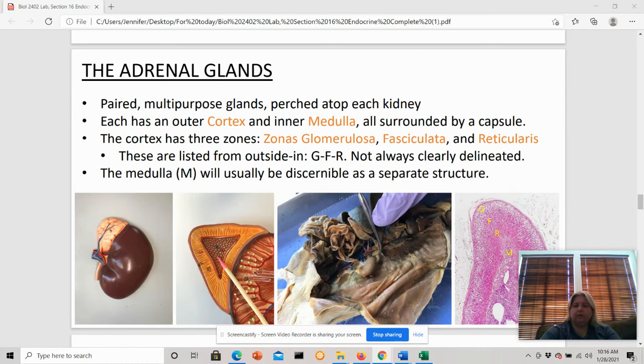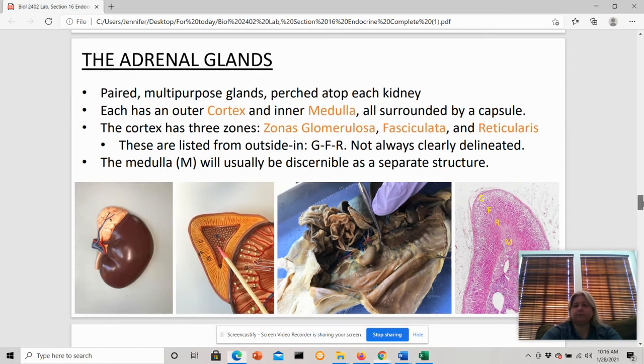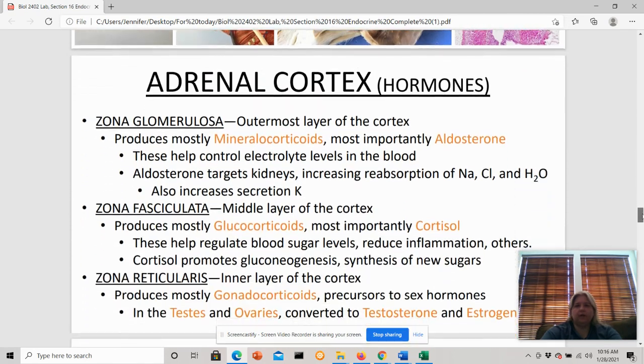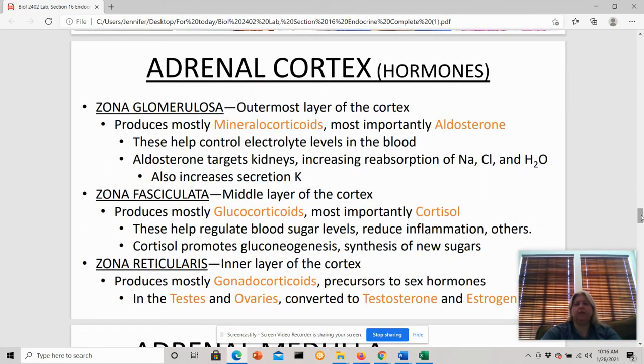And then in the middle, we have the medulla. Now, the adrenal cortex secretes certain hormones, and each one of those zones secretes different hormones. We'll talk about the adrenal medulla on the next slide.